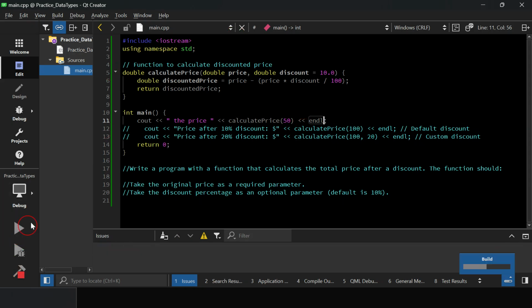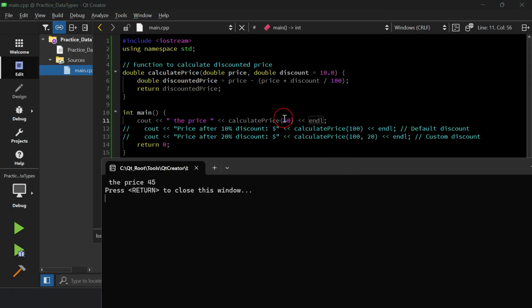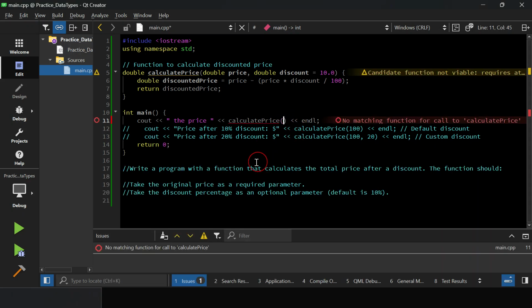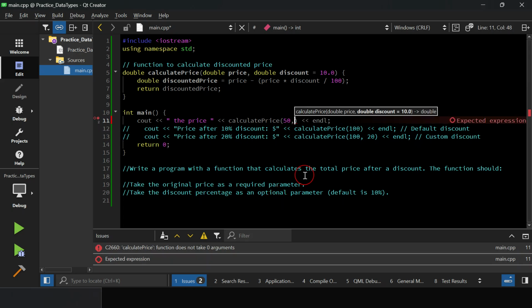So the function is called with the number 50, which is for the price, and the discount by default is 10. So the output is 45. And if we call it with no argument, for sure there is an error. It's not working because this function has one mandatory argument. If you're calling this function, you must have at least one argument. If you want, you can have the second argument, but this is not mandatory.